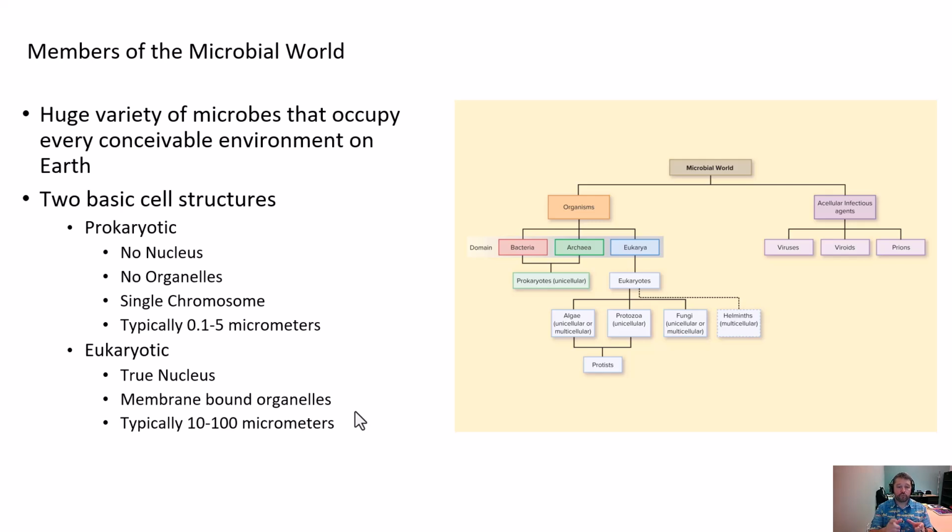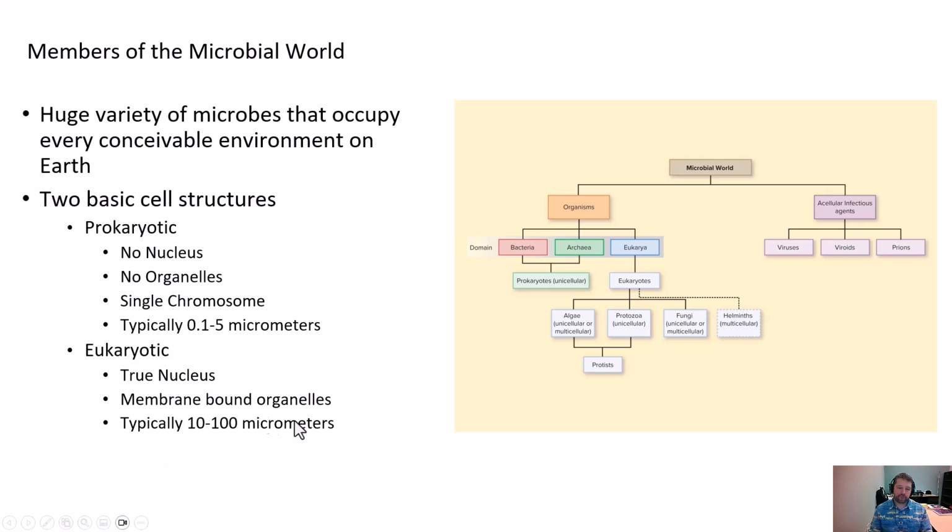The reason these structures inside eukaryotes are so specialized is they actually have a membrane around them, and that's where we get the term membrane-bound organelle.